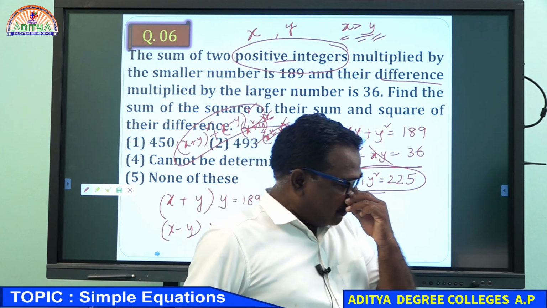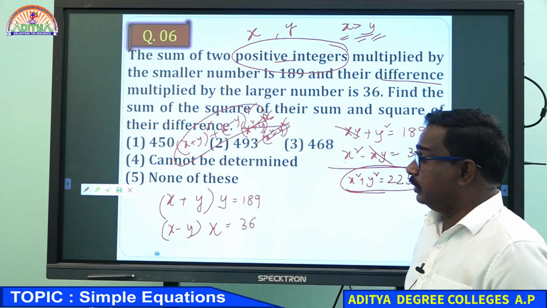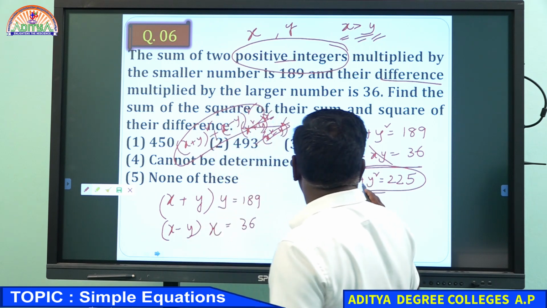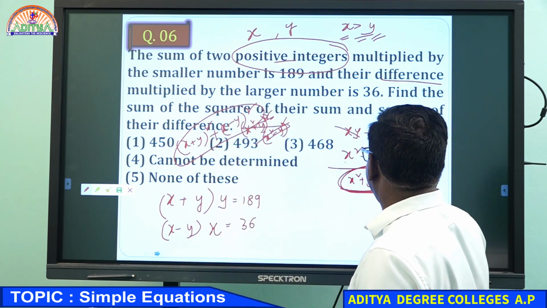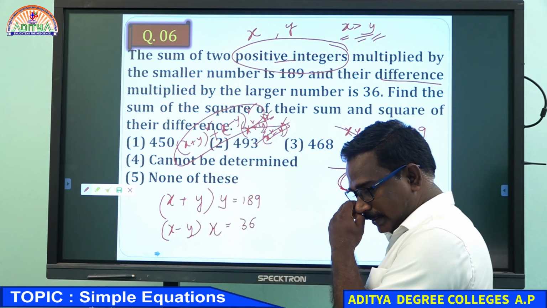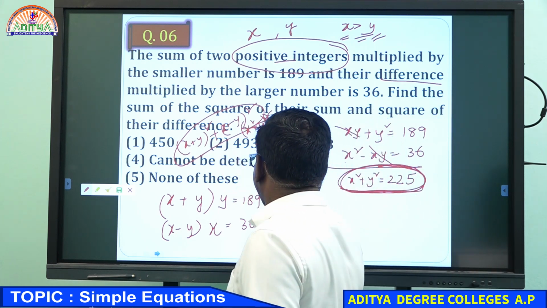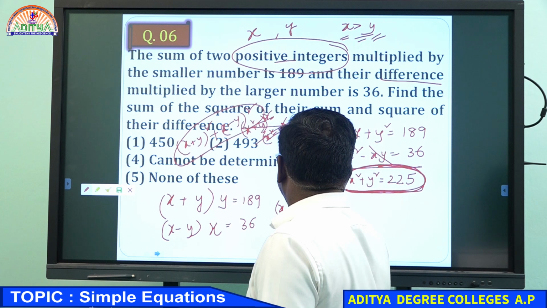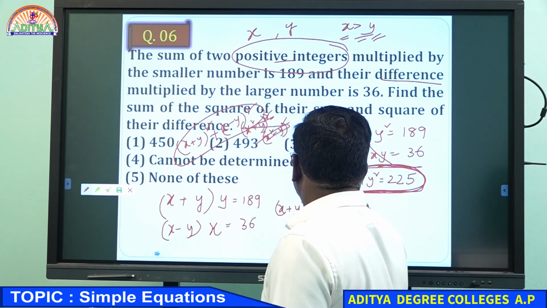Keep that in your mind. Now they are asking the value of x plus y whole square plus x minus y whole square.